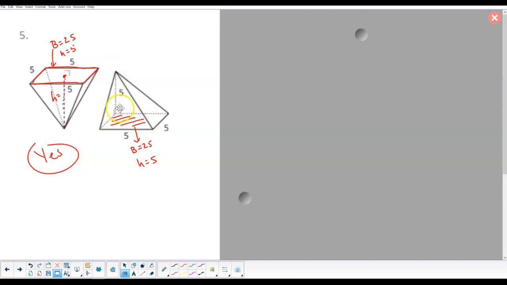Notice in the back we've got 2 right angles. That means this back dotted line is going straight up and down through the apex. So the height of this solid is 5. It has a base, 5 by 5 square, that is 25. So we have the same base and the same height. So yes, these two solids would have the same volume.